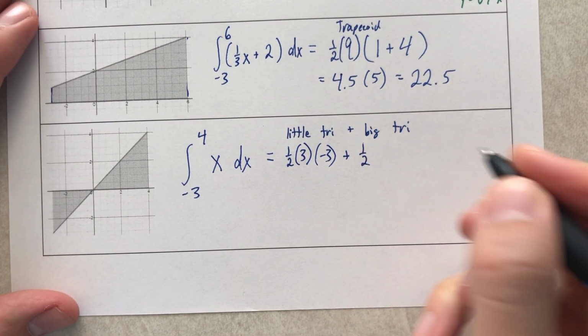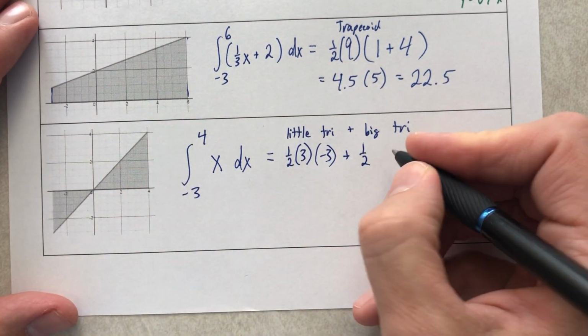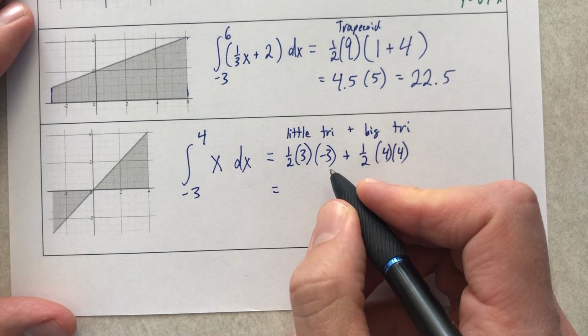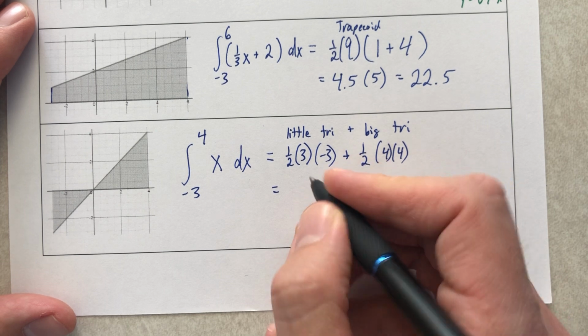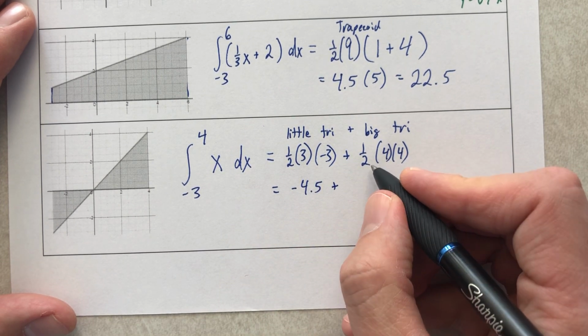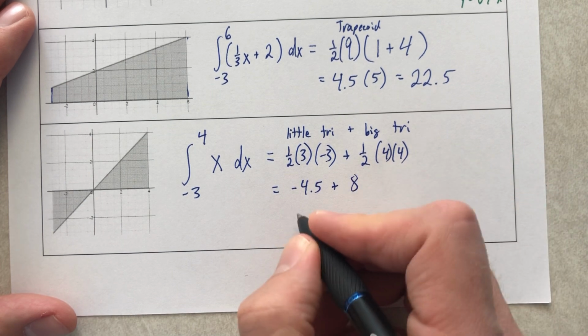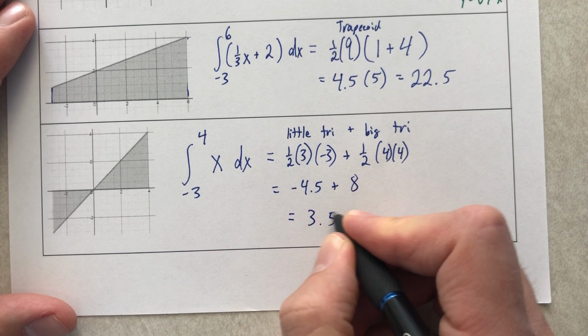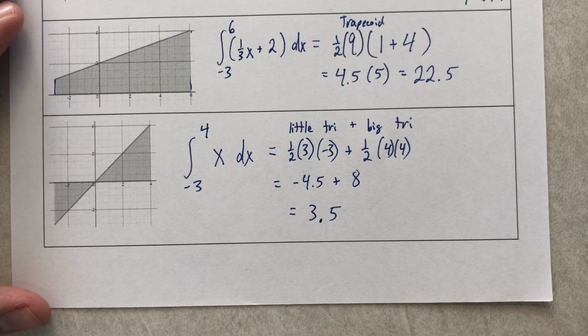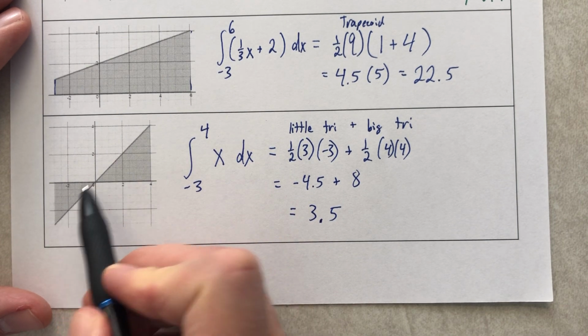All right, here goes. Big triangle is going to be 1/2 times 4 times 4, and the little triangle is 1/2 times 3 times -3. That's going to give me, well, half of 9, so -4.5. And 1/2 times 4 times 4 gives me 8. And I end up with 3.5. Now, if you're looking at this and saying, that's more than 3.5 square units, of course it is, because I have both of these to count.